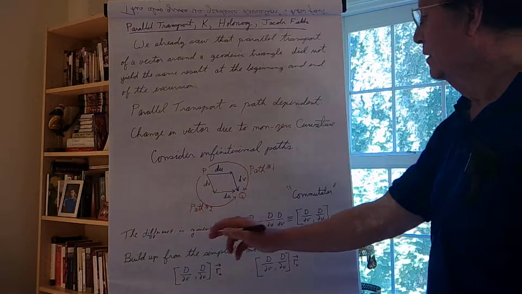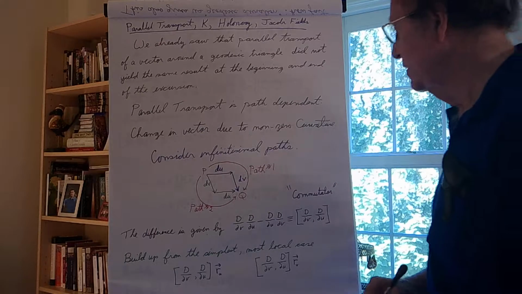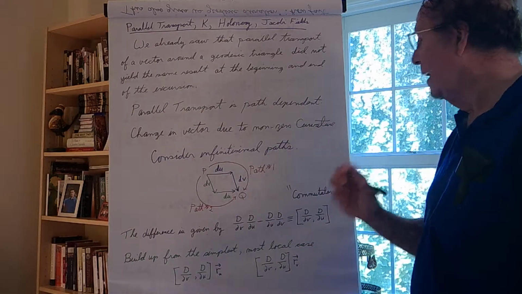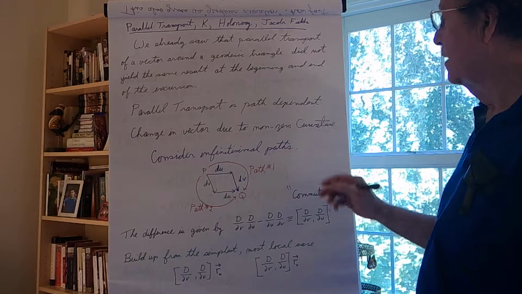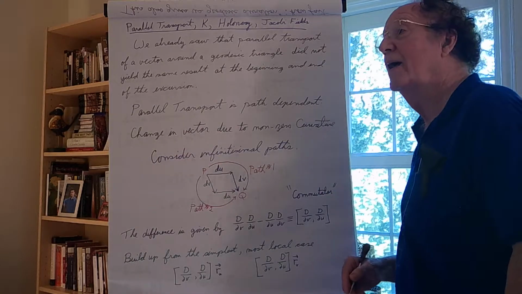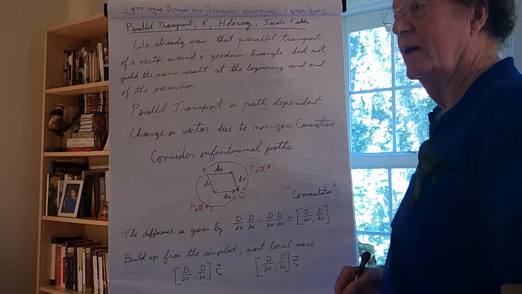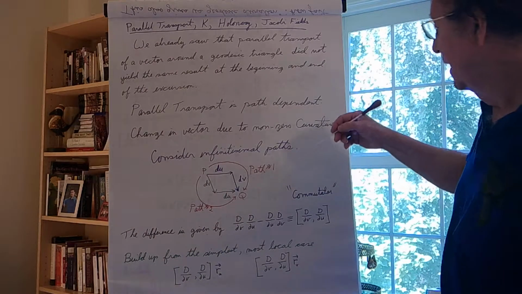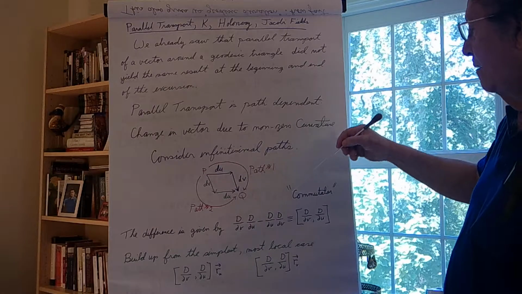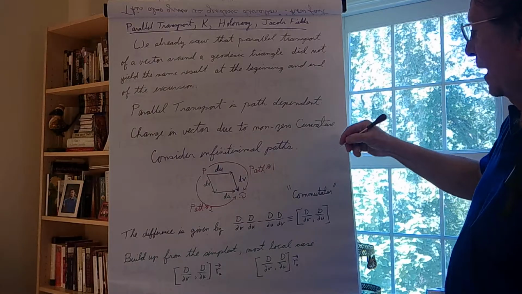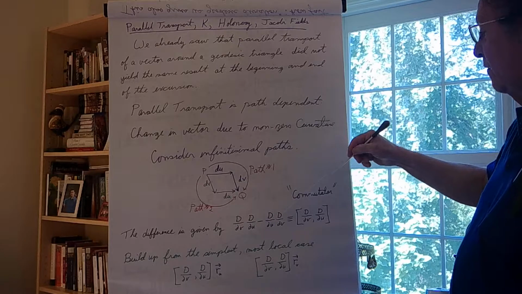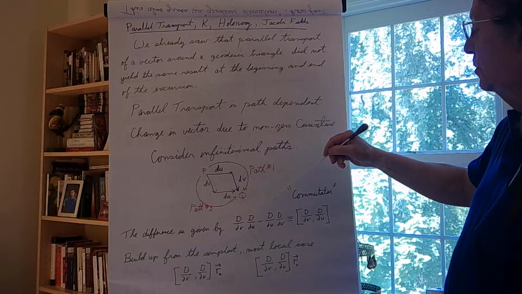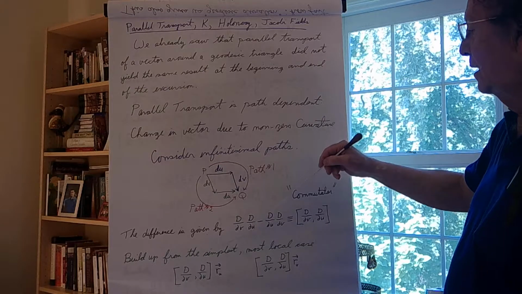So I'm going to express that difference, and I see that difference can be nicely framed by calculating the commutator of the components of the covariant derivative in the U and the V direction. So here I have covariant differentiation in the V direction and then the U direction, and I want to compare it to covariant differentiation in the other order.